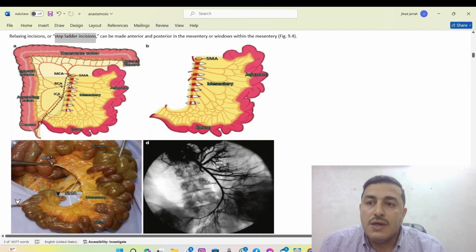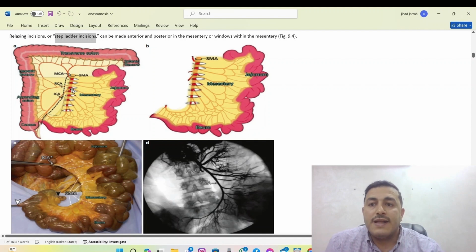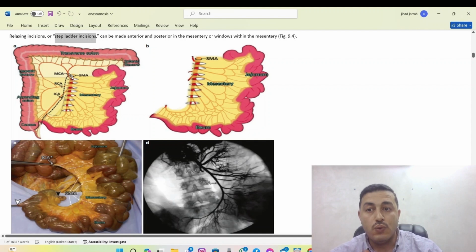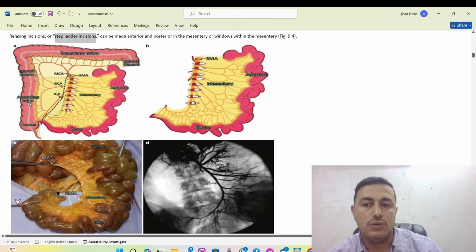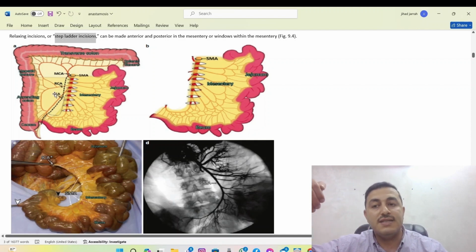First, you can see this dotted black line is the incision we made. And we have to free the mesentery up to the base of the superior mesenteric artery. We cut, you can see, this is an incision. We cut the middle colic, the right colic, and the ileocolic. We said bye-bye, we do not need you anymore because this specimen will go out.